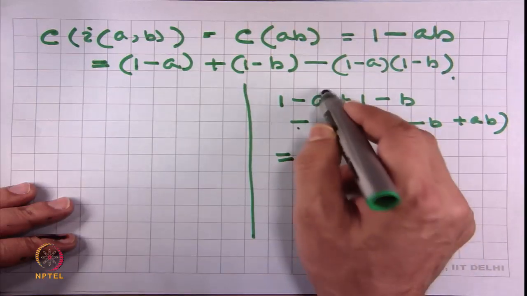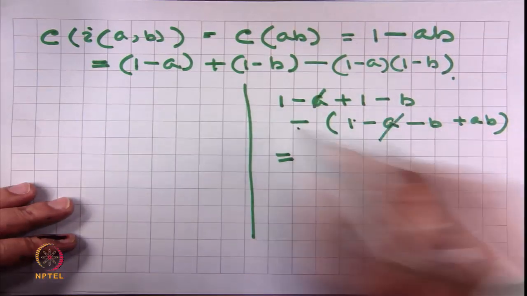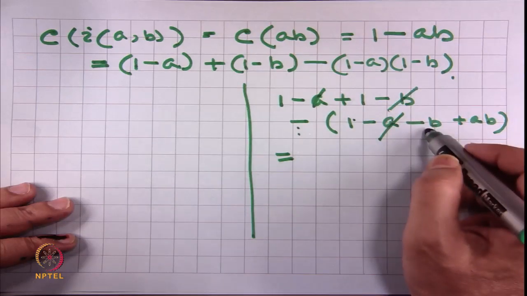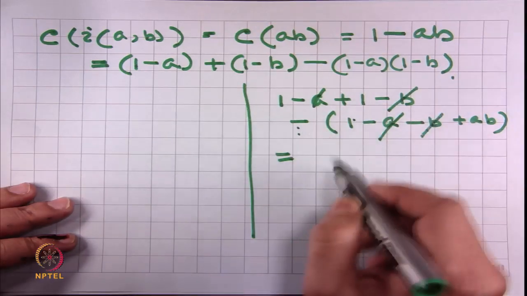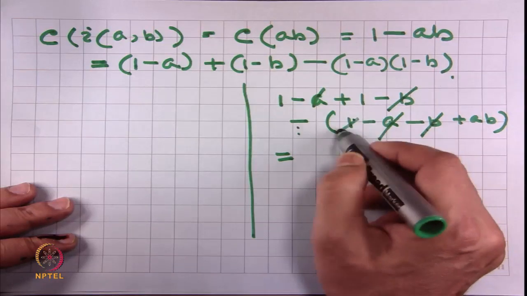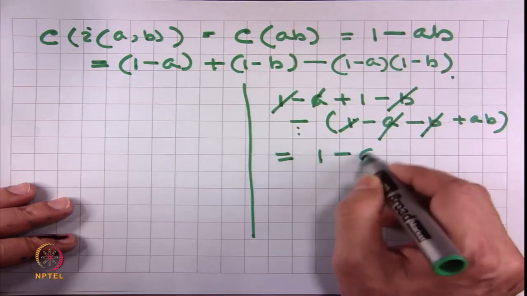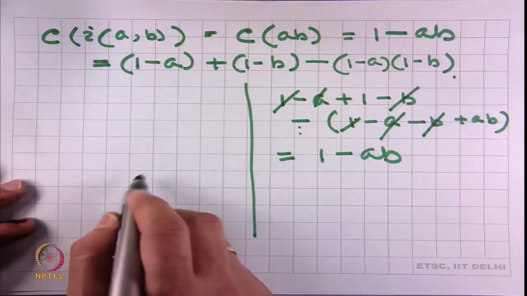This minus A cancels with this, because there is a negative sign. This minus B cancels with this, and this minus 1 cancels with this. What is left is 1 minus A B.